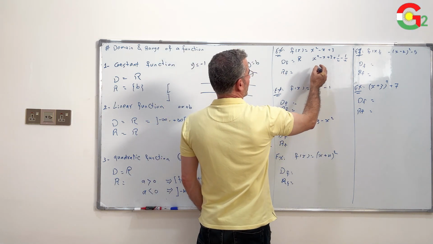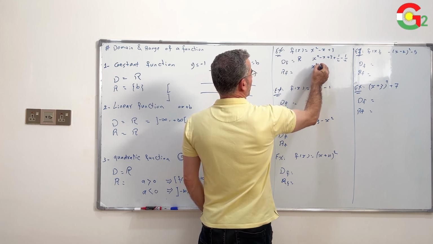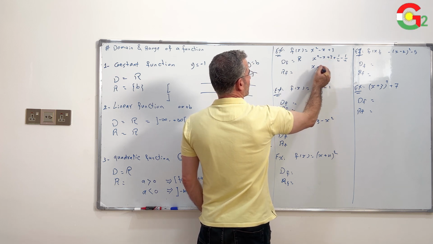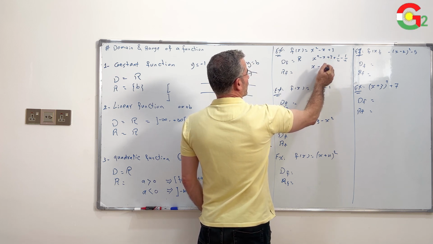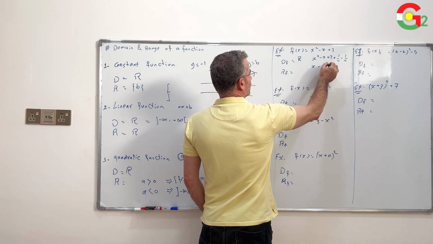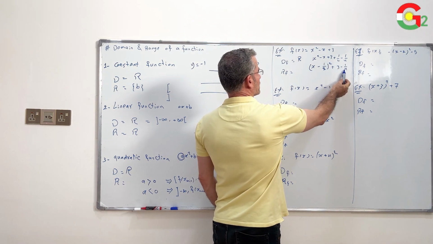Now, x squared plus x plus 1 over 4, that is x plus 1 over 2 squared, plus 3 minus 1 over 4.